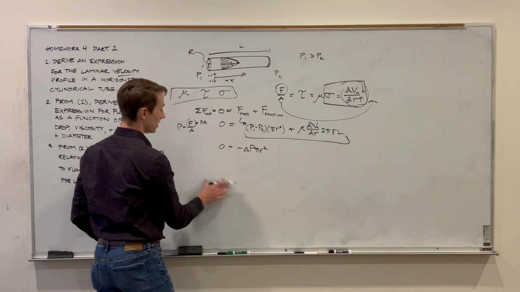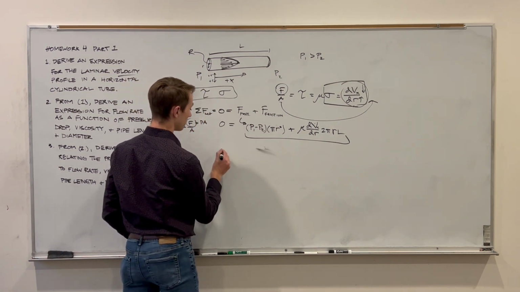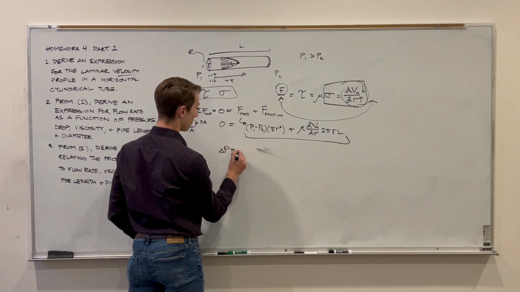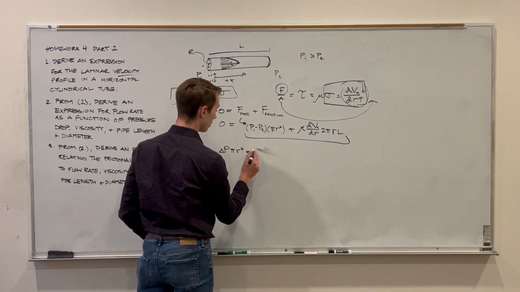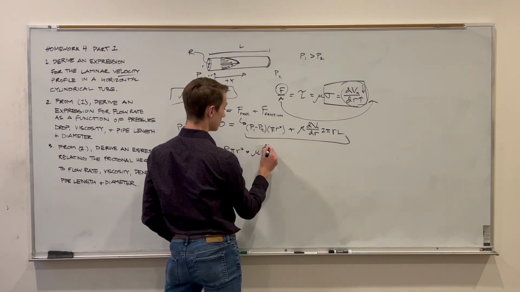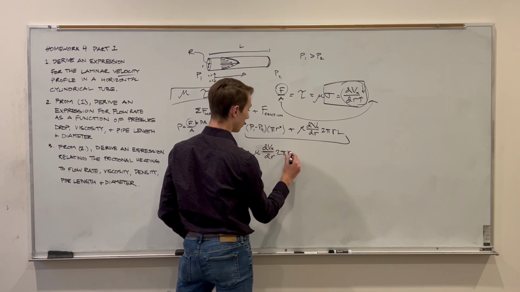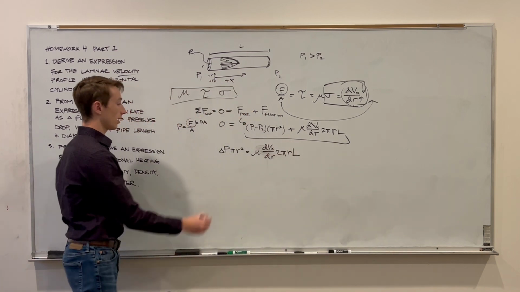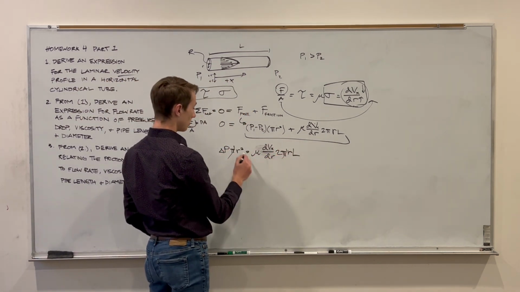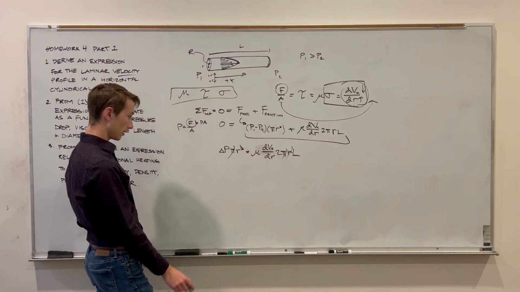We're going to move that to the other side. Okay, so we have delta P times pi r squared equals, we'll keep this over here for now, mu dv/dr 2 pi rl. Okay, pi's cancel out. R squared, R, and I think that's all it cancels out.